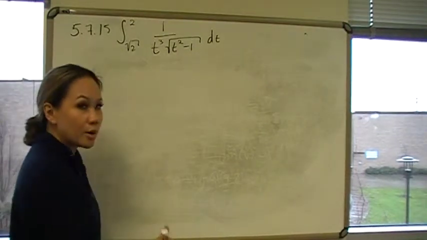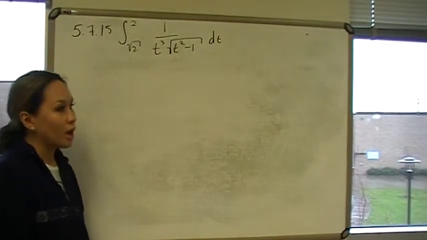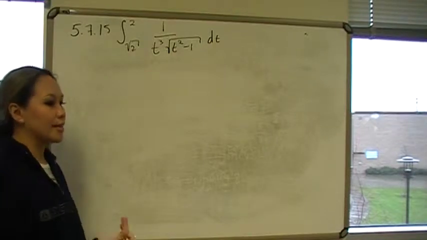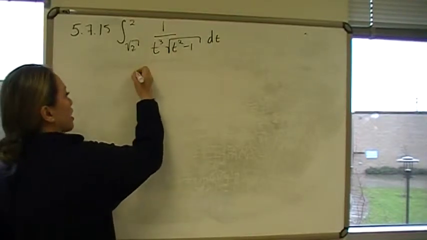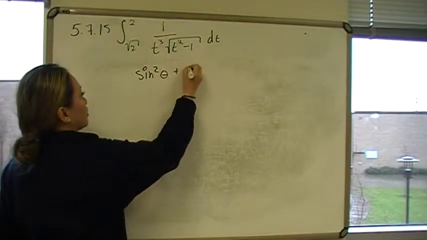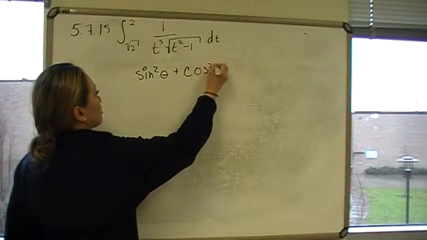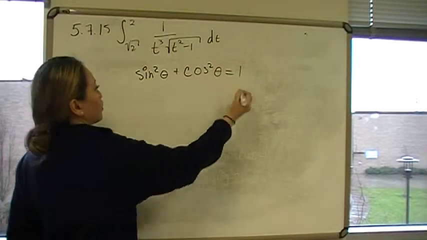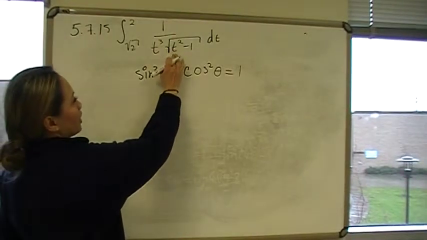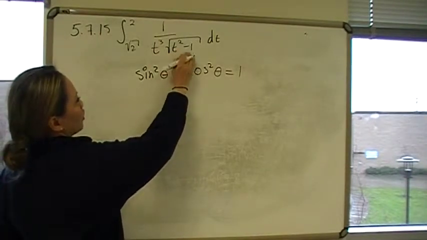So recall that one of the most fundamental basic trig identities is sine squared of theta plus cosine squared of theta is equal to 1. Well, if we have something here that looks kind of like that, we have t squared minus 1.